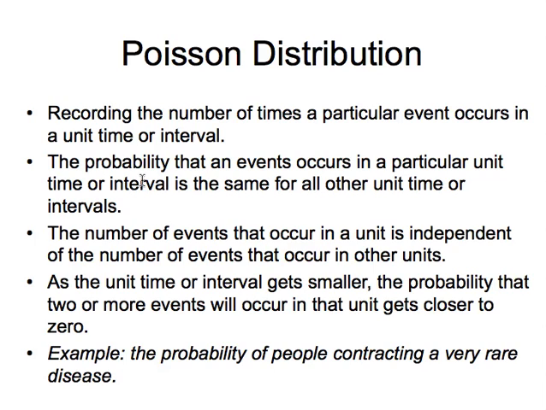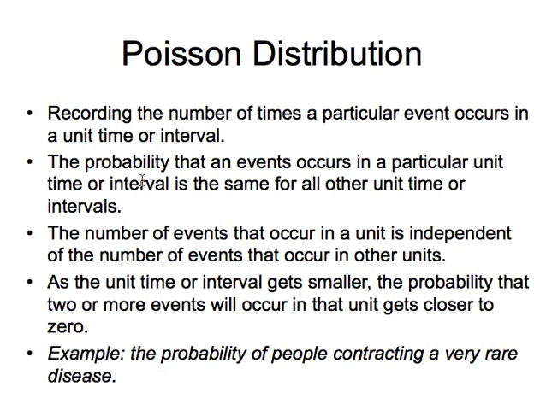Now x is going to be a random variable, so the outcome is random. The probability that an event occurs in a particular unit time or interval is the same for all the other unit times or intervals. The number of events that occur in a unit is independent of the number of events that occur in other units.